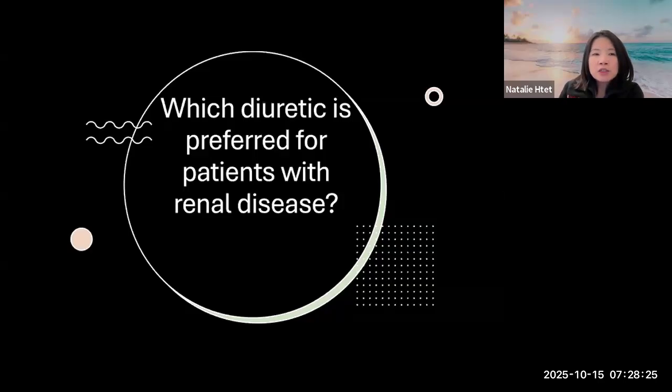Another problem with these agents is because they are potassium sparing, they have a high chance of causing hyperkalemia in CKD or AKI, especially if patients are taking ACE inhibitors or ARBs, like angiotensin receptor blocker agents. But these agents are amazing for patients with heart failure. So spironolactone is often a recommended medication in patients with heart failure with reduced EF or even preserved EF, but you want to be cautious and monitor the potassium closely.